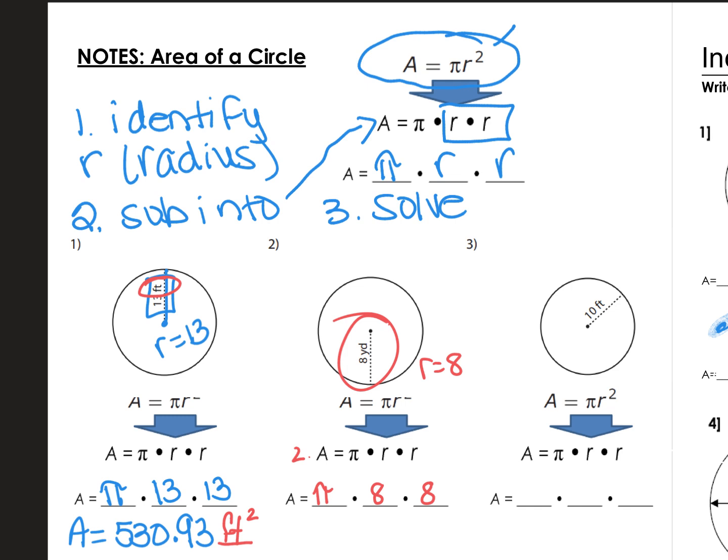Now I'm going to round this to the nearest hundredth, 2 places after the decimal, and I get 201.06. And I'm going to put my label at the end. This already tells me it's in yards, so yards squared.